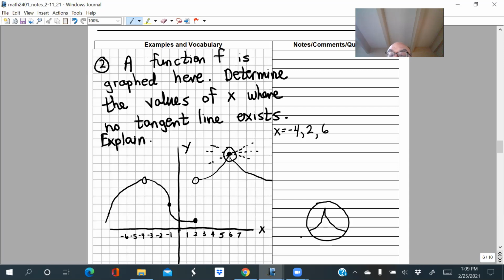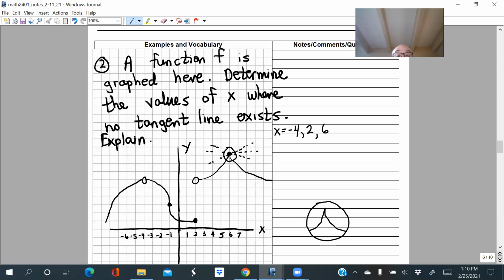There's no way you can zoom in close enough to this point on the graph that you'll ever get a straight line. You're always going to have this sharp point in it. Therefore, you cannot have a tangent line here, okay? So if you have parts of your graph that are not smooth, if they have sharp corner points on them like this one, you won't have a tangent line at that point. That's kind of a rare occurrence, but you don't always have tangent lines at every point on every graph.